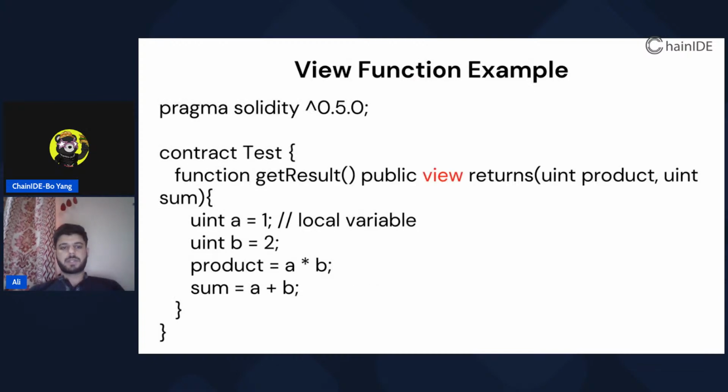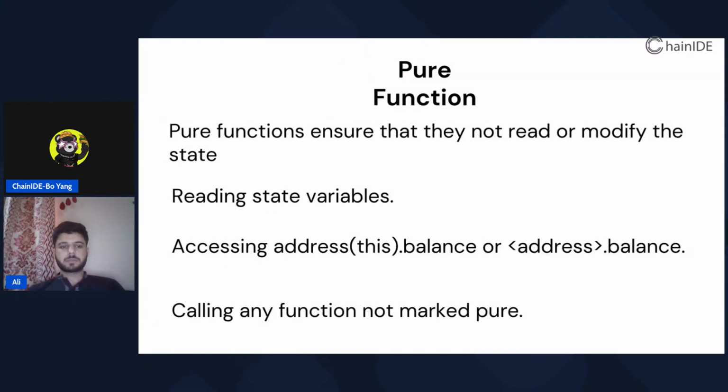Here we have an example, so we are not using any state variable. But if we use any state variable, it will give us an error. You cannot use a state variable if you use view with a function. Here we can see how we define a function as view. So we can only use local variables, but not the state variables or global variables inside it.